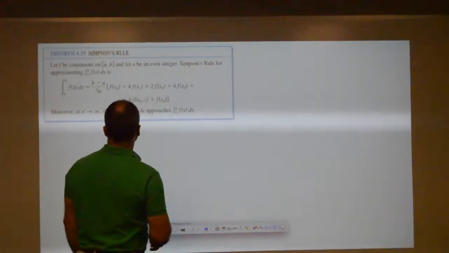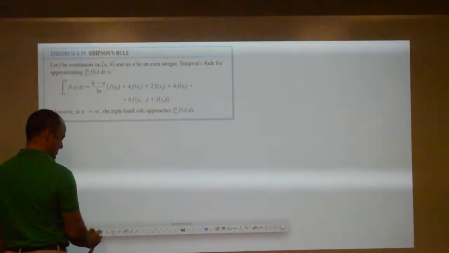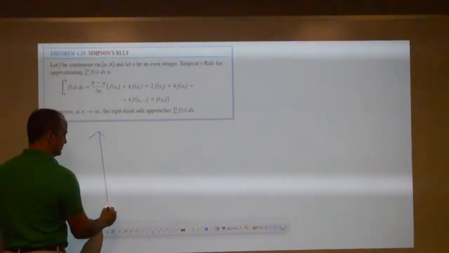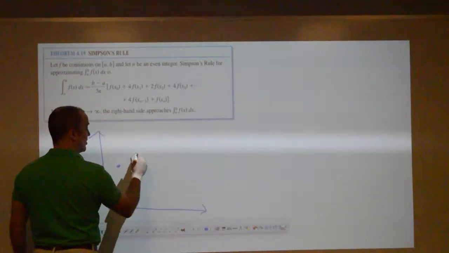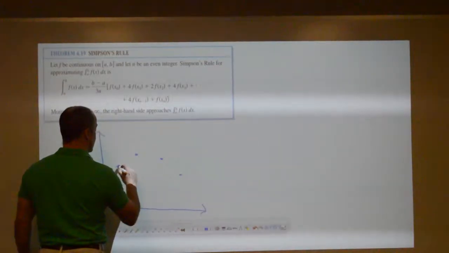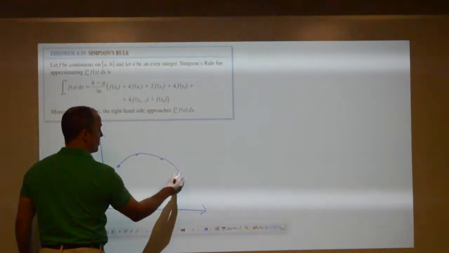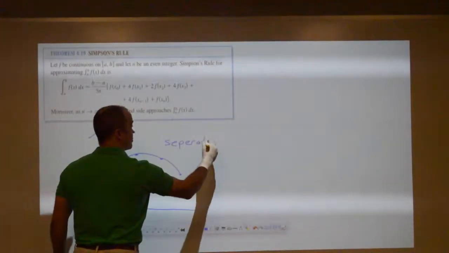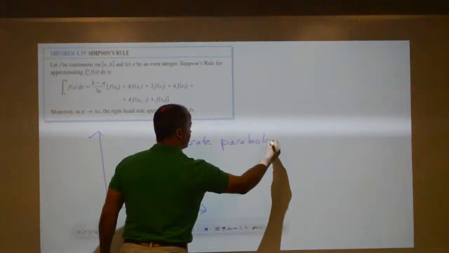But what Simpson's Rule does is, given a series of points, whether these points are data or whether they're along a function, Simpson's Rule will attempt to approximate them with separate parabolas, which is a pretty good way to follow a smooth curve.